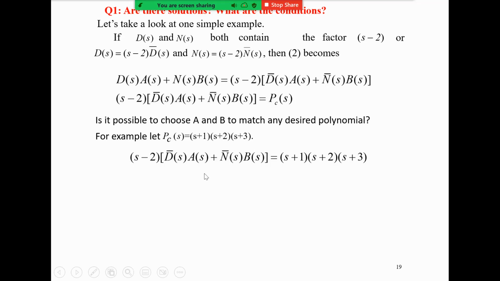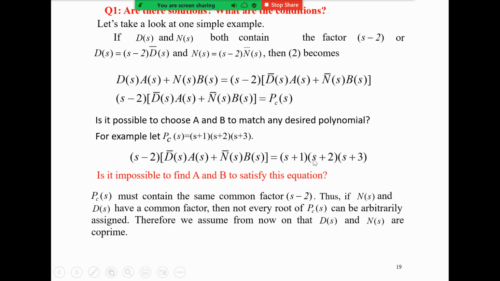Is that clear? Therefore, to make those two polynomials match, the desired polynomial on the right side must have this factor, s minus 2. Otherwise, it's impossible to solve this equation.